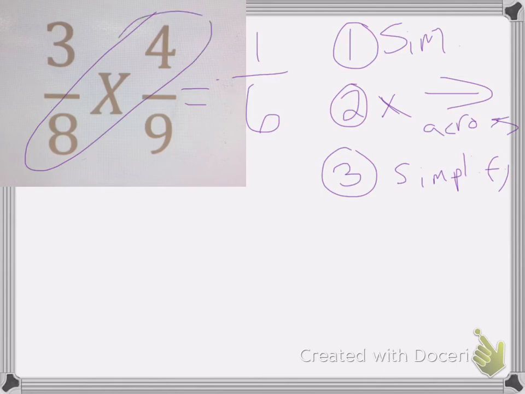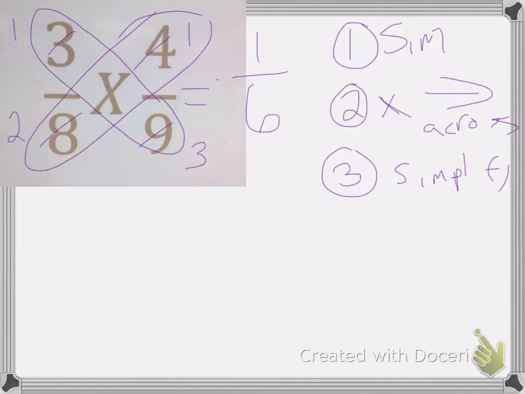Well, 4 can go into both 4 and 8. So instead of this being 8, this is now 2, and this is now 1, because 4 divided by 4 is 1 and 8 divided by 4 is 2. We can also look at these other two: 3 divided by 3 is 1, and 9 divided by 3 is 3.